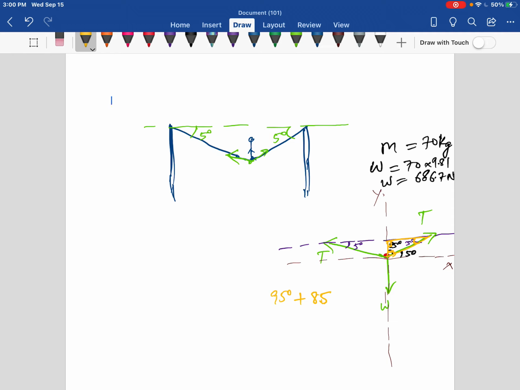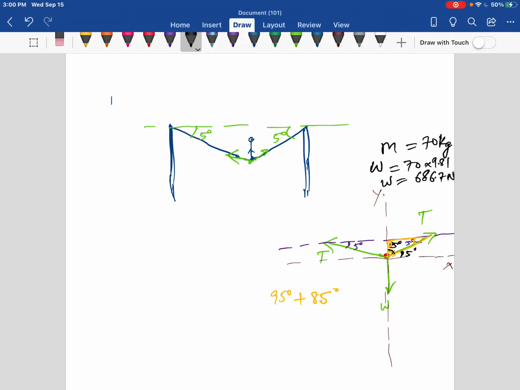But the sum of angles in a triangle has to be 180 degrees, so if this is 95, this has to be 85. Only then it'll work out. So that is how we found that this angle is 85 degrees, and so this has to be 5 degrees, because the entire thing is 90.